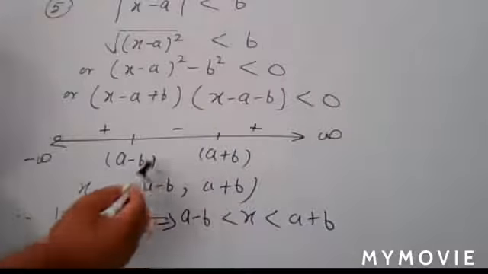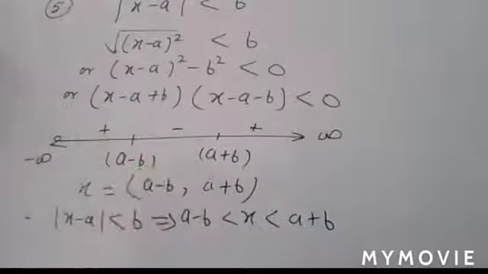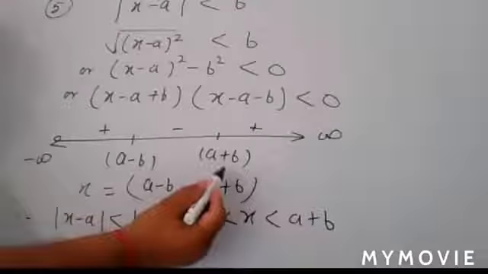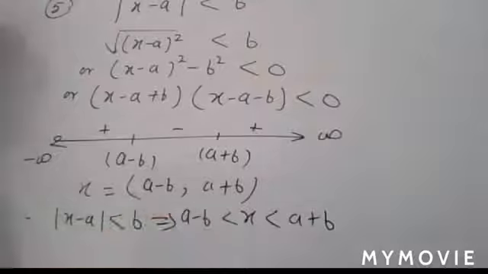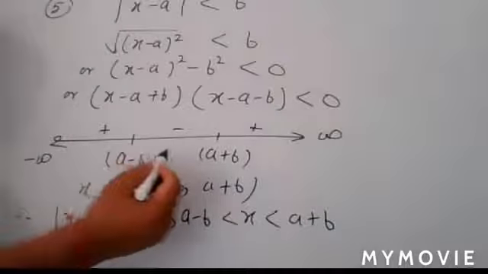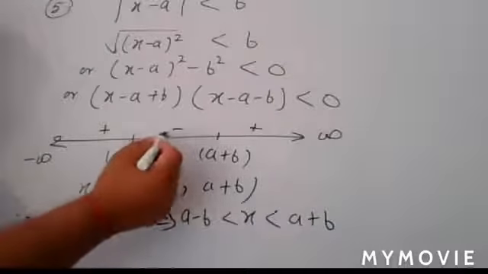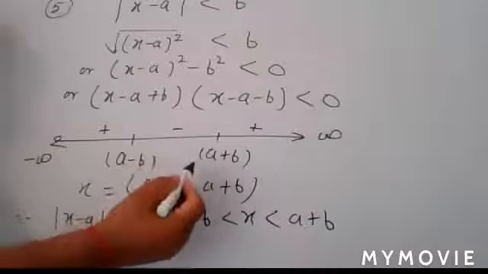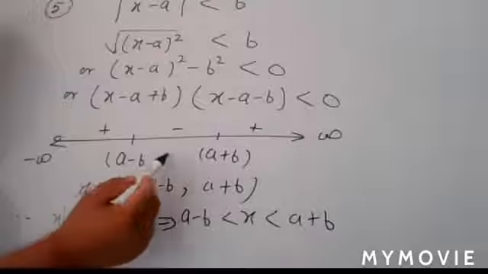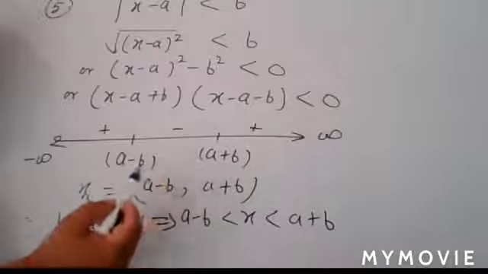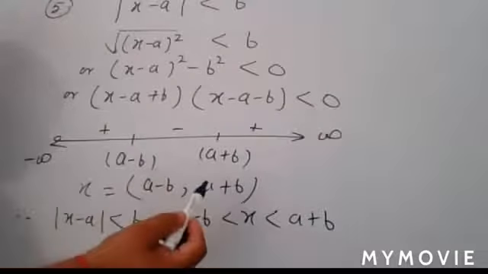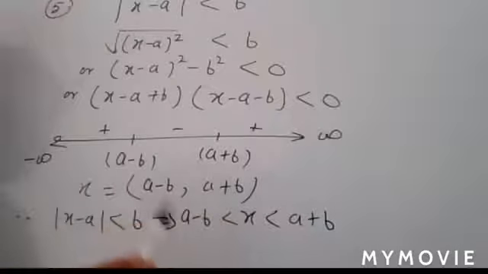What is the meaning of these? If you write, just see here, on the number line, here you have 2 points, a minus b and a plus b on the number line. Understand? And this region is negative. This region is negative. Okay, and the value of x lying between these 2 points. So what is the meaning of that?